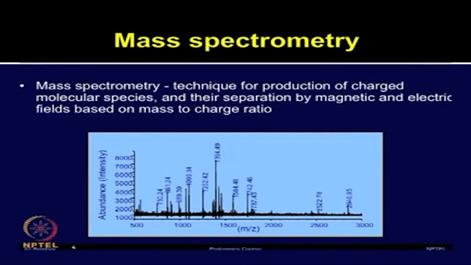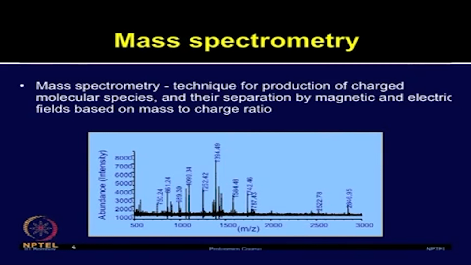So, first of all, what is mass spectrometry? It is an analytical technique to measure the molecular mass of individual compounds and atoms accurately by converting them into charged ions.